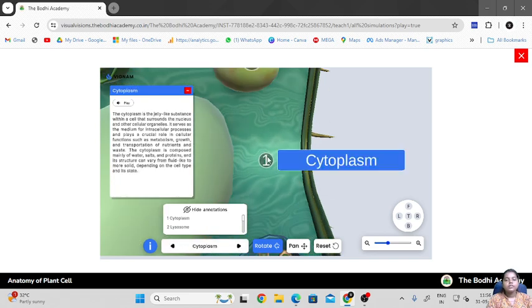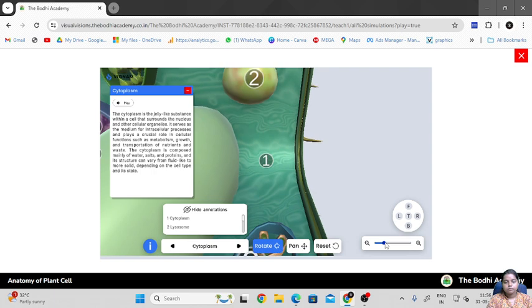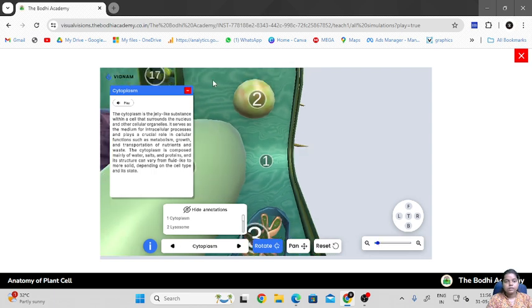Okay, so this is the cytoplasm, which is present inside the cell. Everything that is shown here in green color is the cytoplasm.